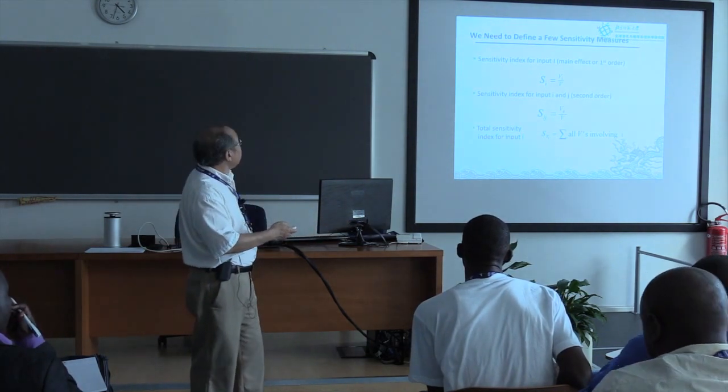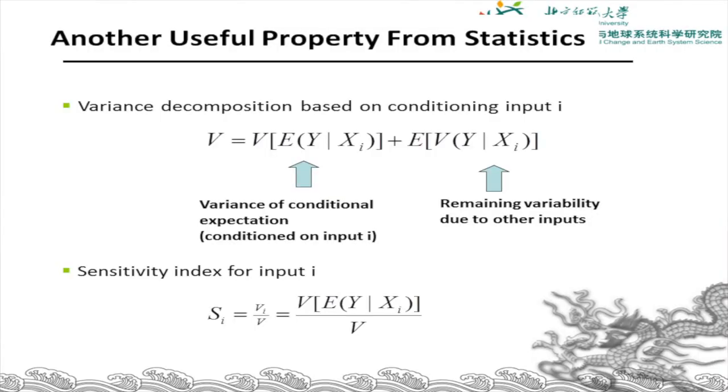In the Sobol approach, they make use of this property. The total variance is the variance of the conditional expectation given xi, plus the expectation of the conditional variance.